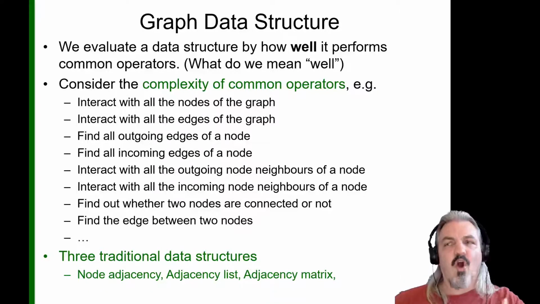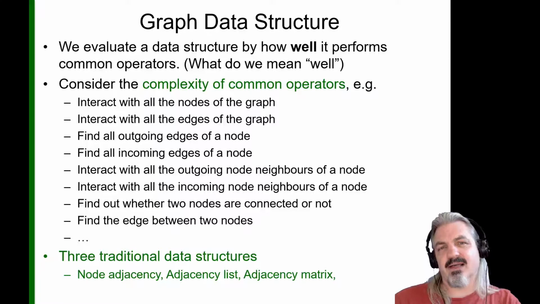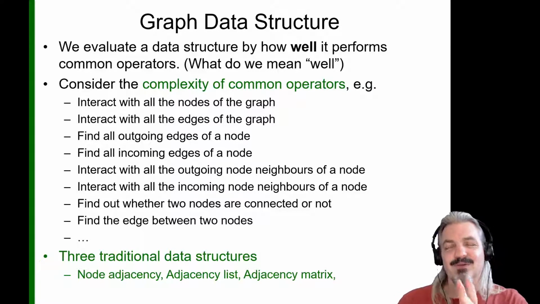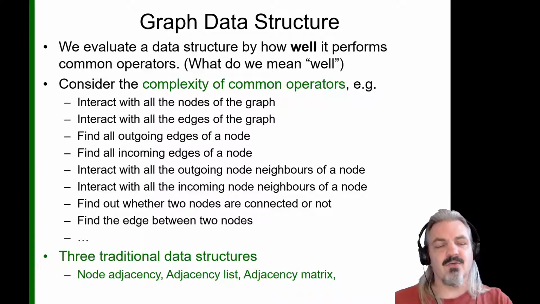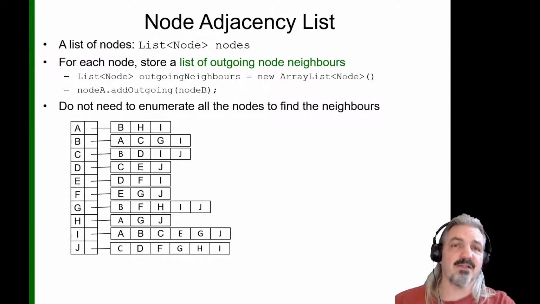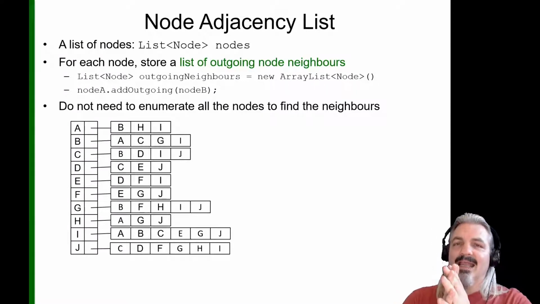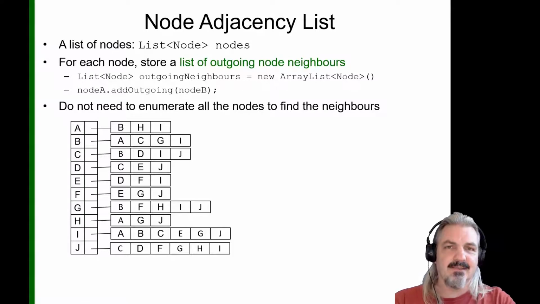These are common operations. So there are kind of three traditional structures. I know last year they talked about two. I'm going to talk about three, partly because of the way that you had been introduced to the graphs data structures in 103 was by a node adjacency list, right?